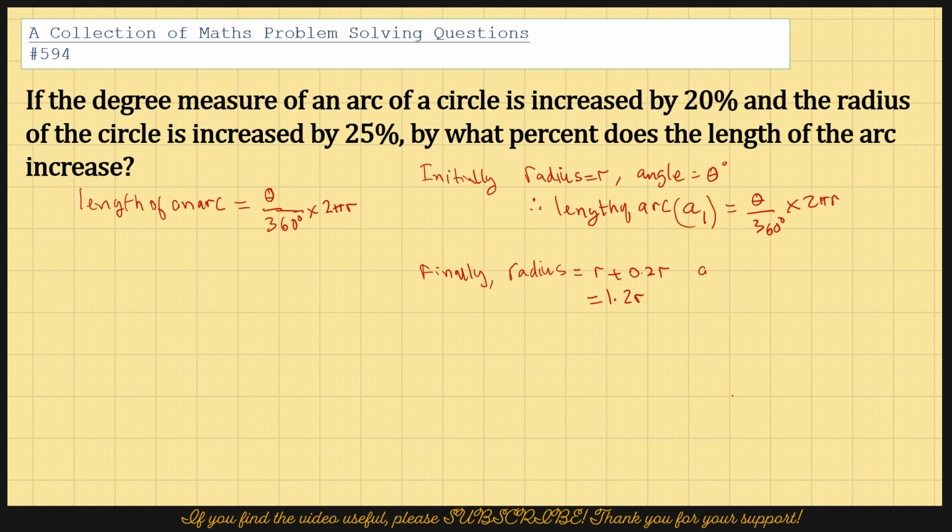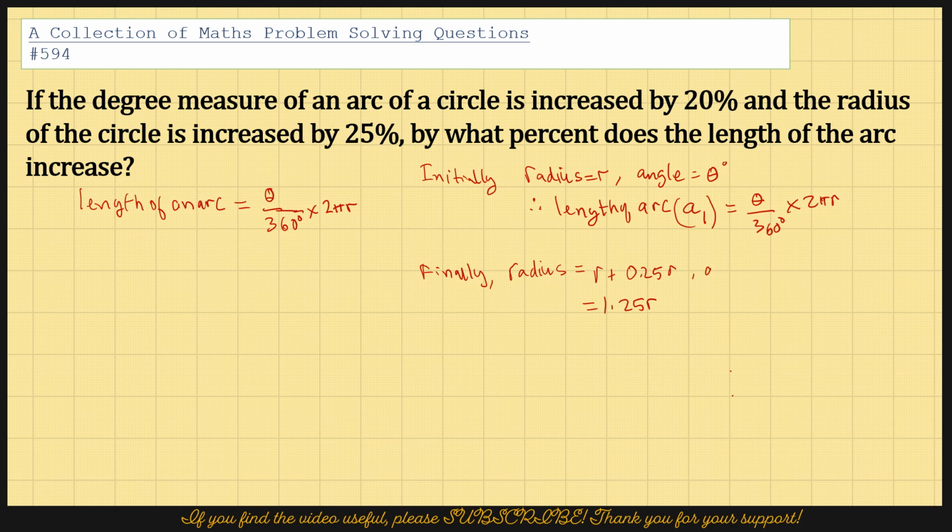And angle, sorry, radius is not 20%, got that wrong. The radius is increased by 25%, so that would equal r plus 0.25 r, and that is 1.25 r.